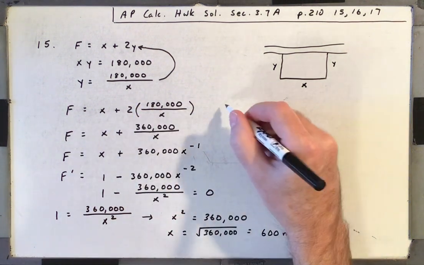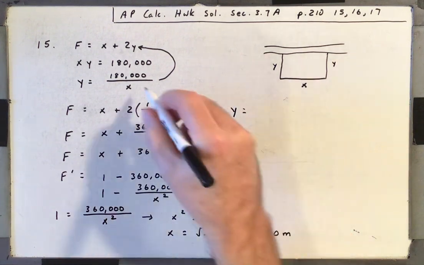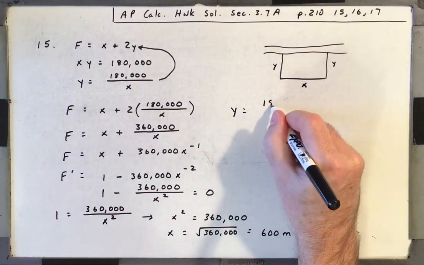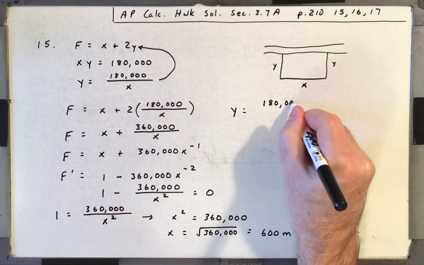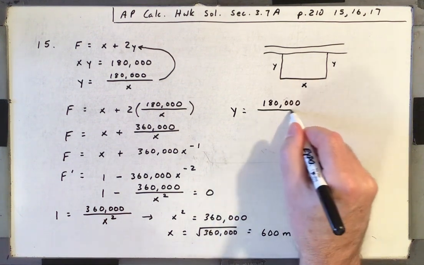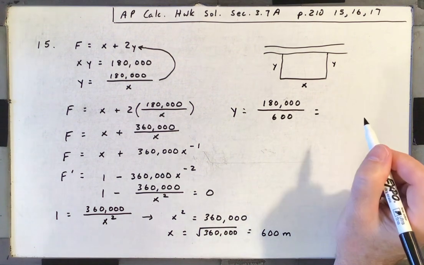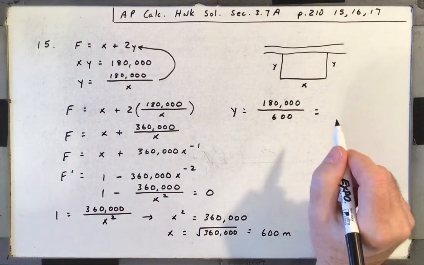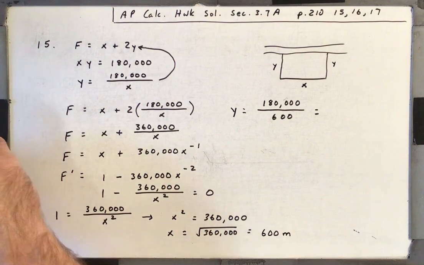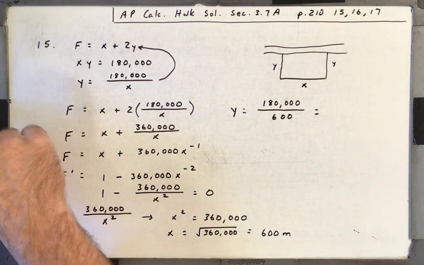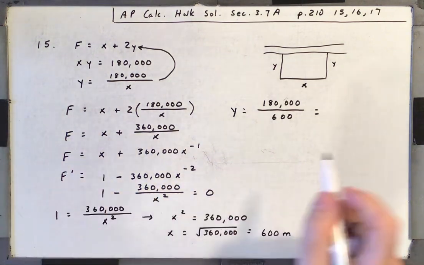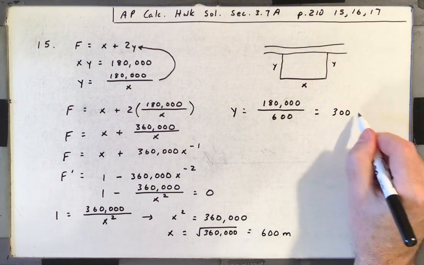Then the y dimension is 180,000 over x. So we can just plug right in 180,000 over 600. Okay, so that's going to be, I believe, 300. 180,000 divided by 600, so that's 300 meters.